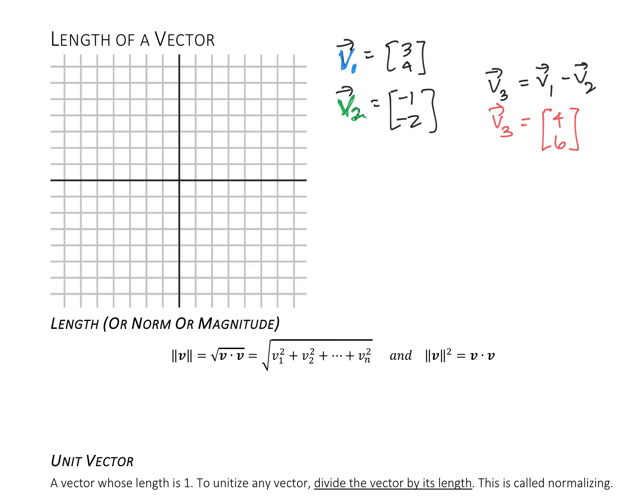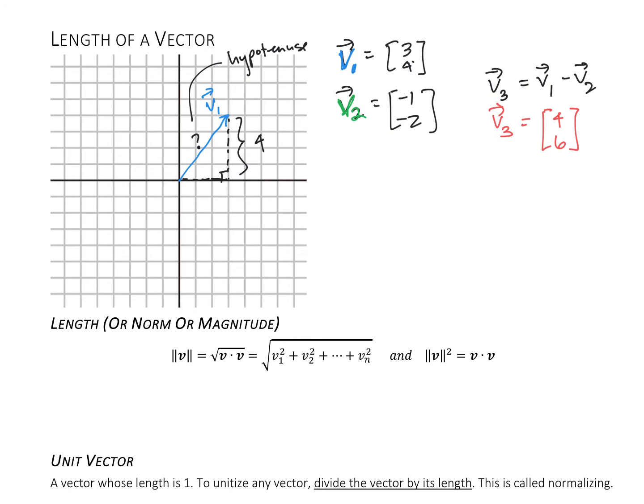So vector 1 is 3, 4. Oh hey, there's vector 1. And look at that tiny little triangle there. This distance here looks a lot like a hypotenuse, which is part of the Pythagorean theorem. And this height here, isn't that the y component of our vector? Isn't this 4?